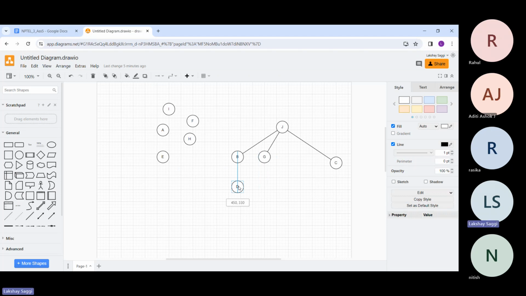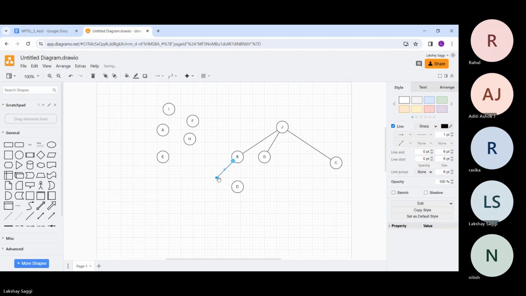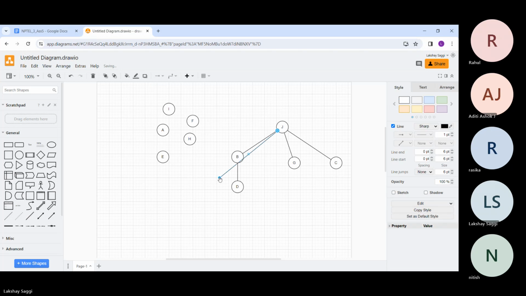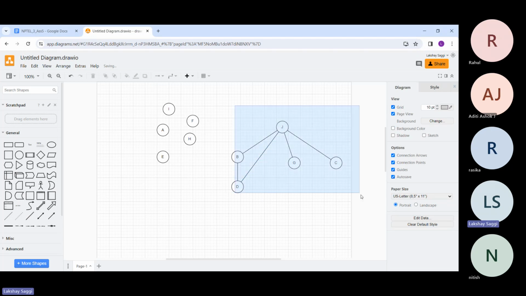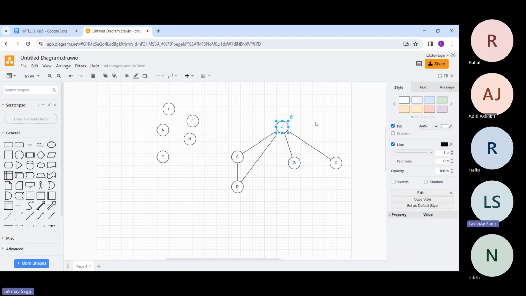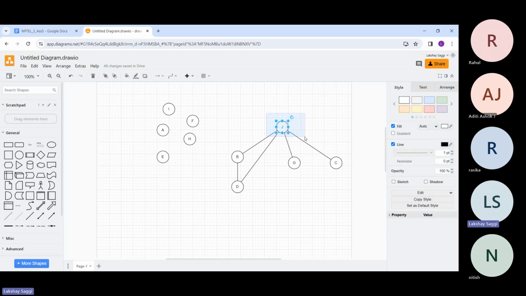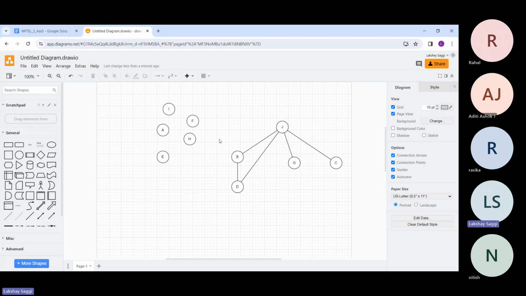So what example should I give? So something like this should suffice. So let's suppose the graph is something like this, and we start the DFS from J. Okay, so suppose we start the DFS from J, and now suppose we first go to B. So as soon as we go to B from J, B will be at a distance of 1.